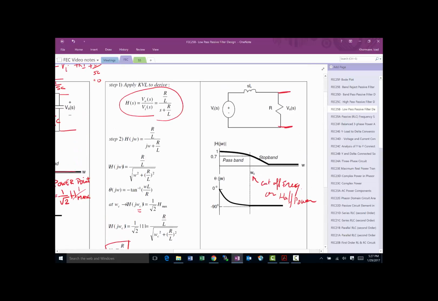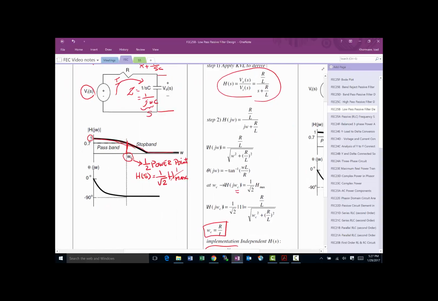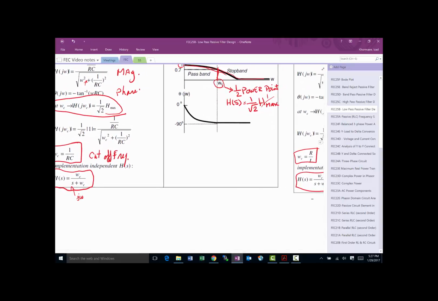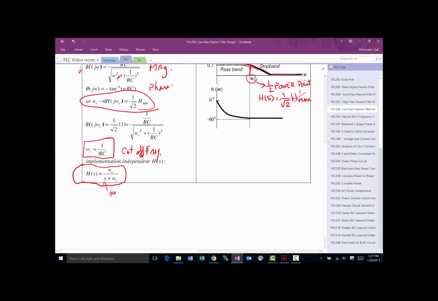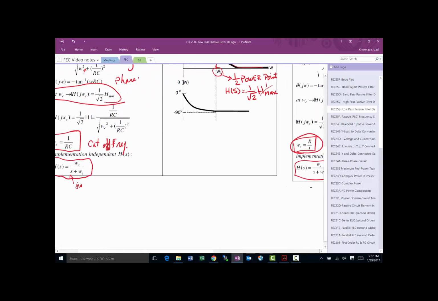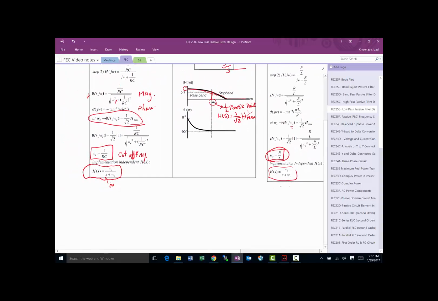Notice the circuit is different. It's an RL circuit, where the other was an RC circuit, but the end result equations are exactly identical. The omega c is calculated differently. For the RL it is R over L, and for the RC circuit it is 1 over RC, but as far as the H(s) equation is concerned, it is exactly the same, omega c over s plus omega c. So there you have it. This is the RL, and this is the RC.